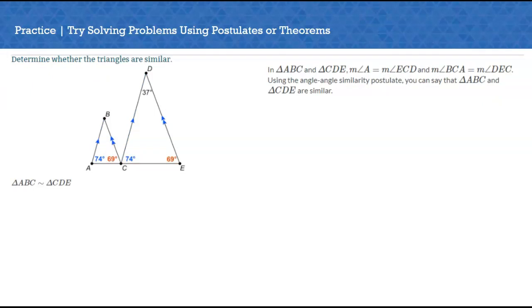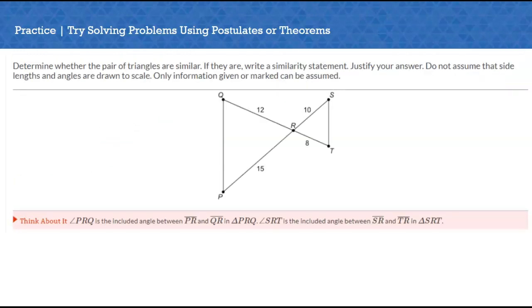Since we have two angles that are congruent in triangle ABC and triangle CDE, we can say that using the angle-angle similarity postulate, triangle ABC and CDE are similar.